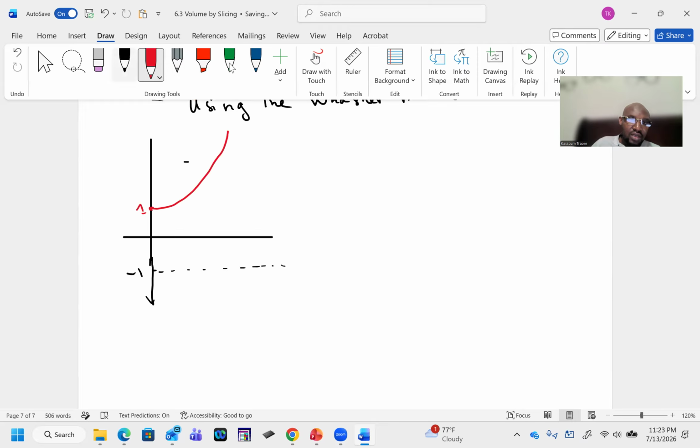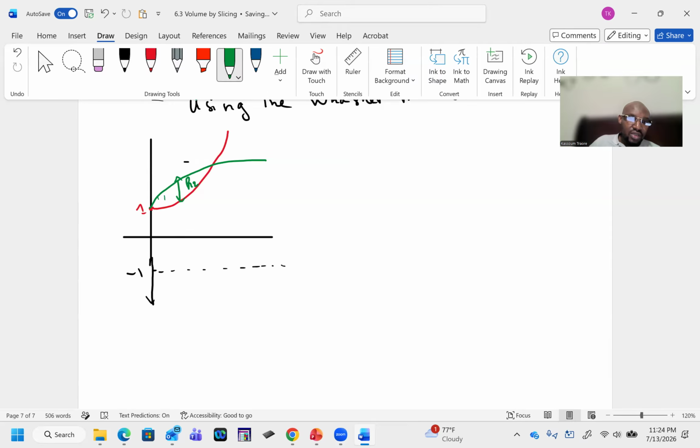And if you sketch square root of x plus 1, that would be something like this. So you can see this one would be my R2. Okay, so you can see which one would be the inner and which one would be the outer.